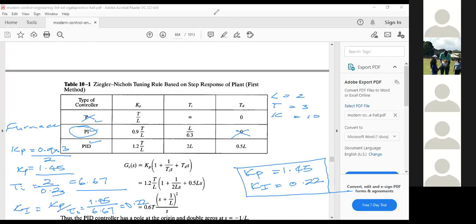So, where do you find K? Okay, we follow. We forgot what we were saying before. We said KP and KI. What was KI? I don't think we made it clear before.